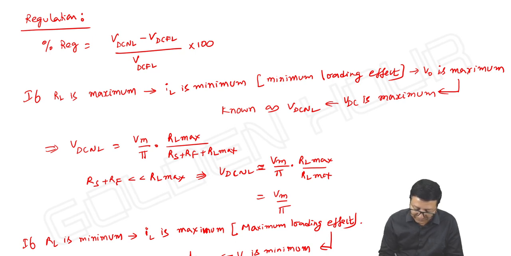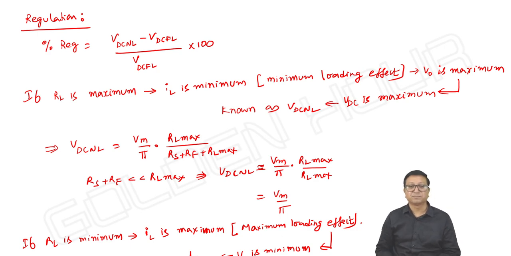Once DC is minimum, that is known as VDC full load, the DC voltage only with maximum loading. So this is how we can write it.